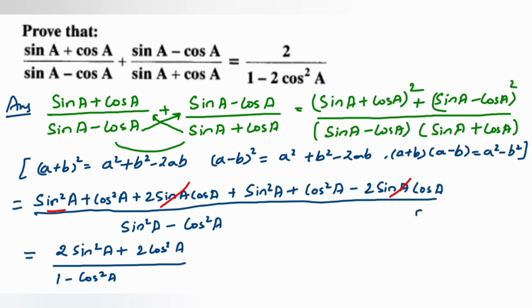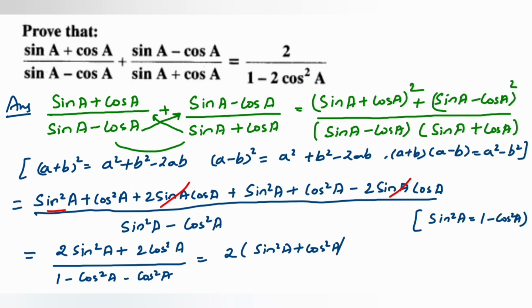The identity is sin square A is equal to 1 minus cos square A, and then minus cos square A, which is there already. Now from here we can take 2 outside, which is common. So 2 into sin square A plus cos square A upon, so cos square A and minus cos square A become 1 minus 2 cos square A.